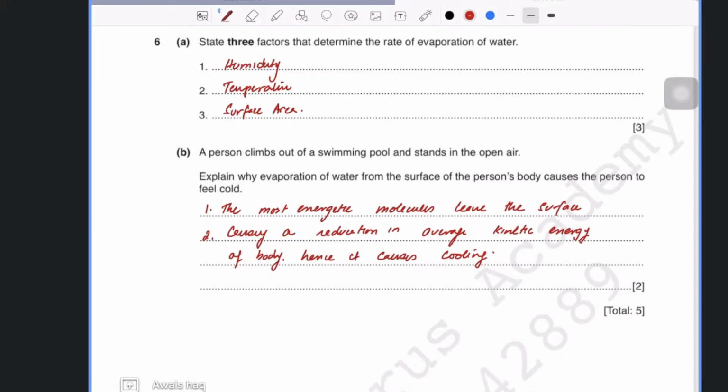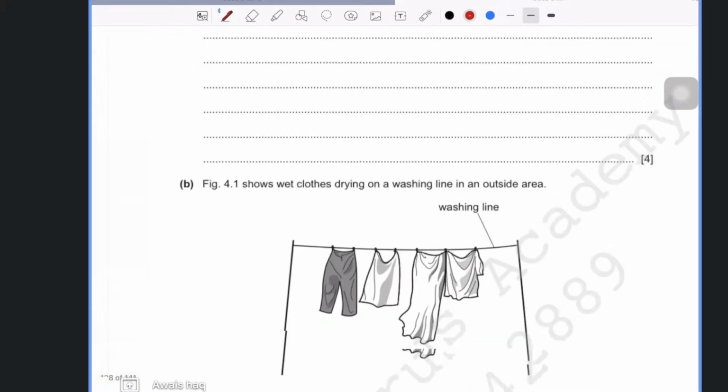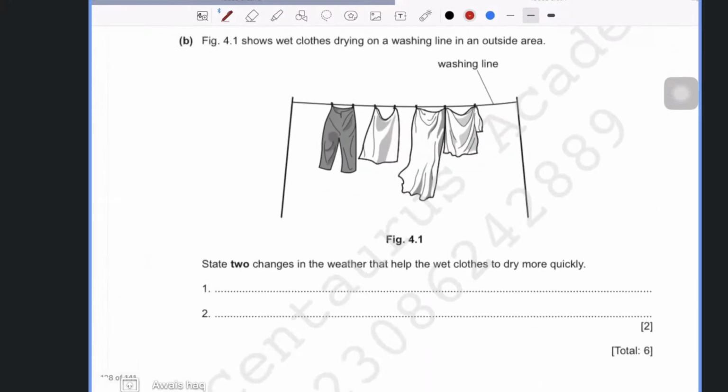All right. Now, this question is basically for homework. It's described in terms of molecules when a liquid evaporates. 4 marks, I've already given the points, you've got to write that. And then it's a cloth question: say 2 changes in weather that help wet clothes to dry more quickly. Obviously, you can write any 2 changes.